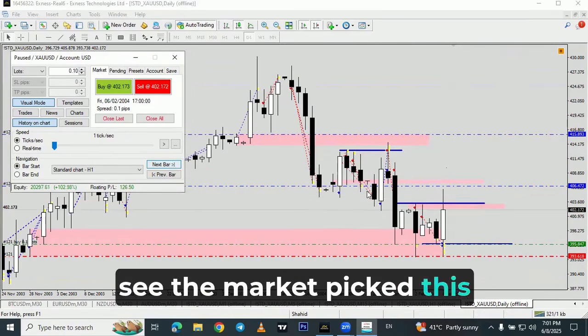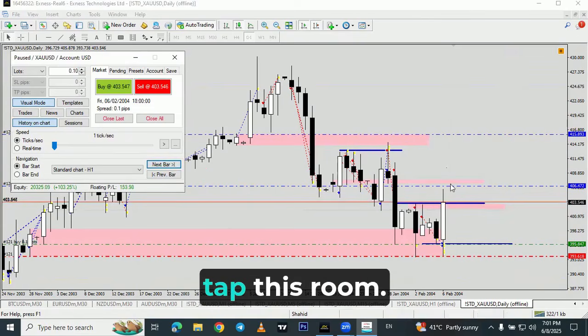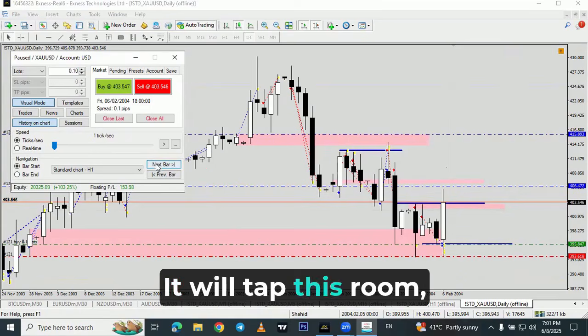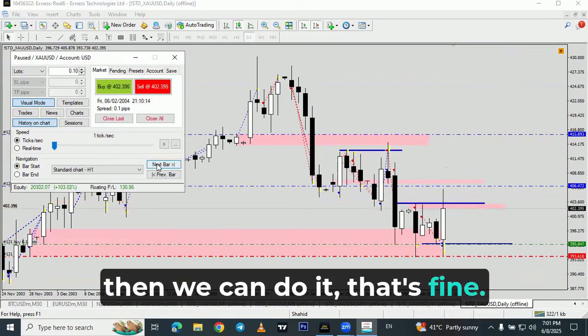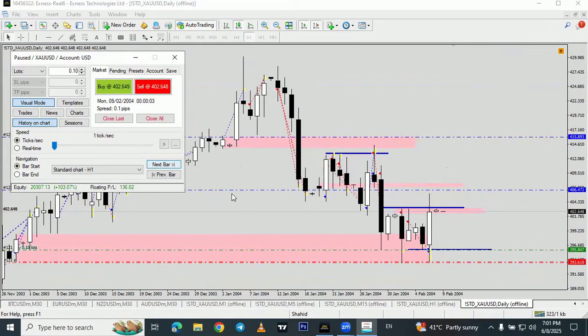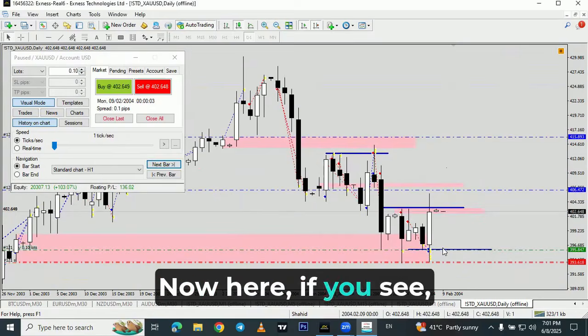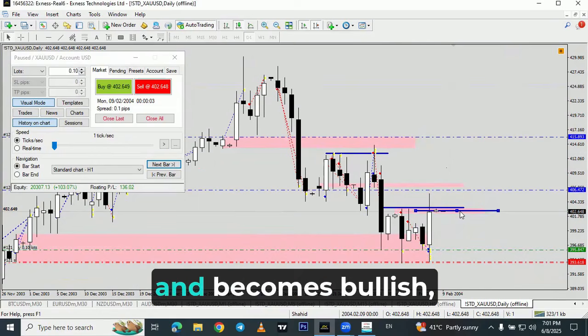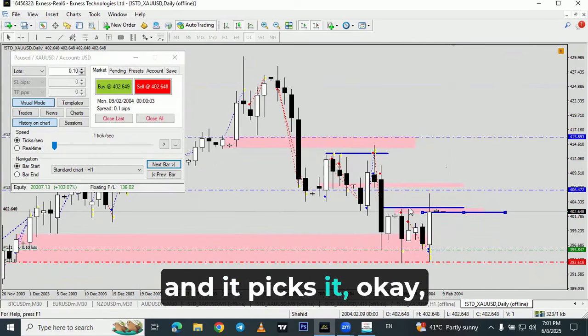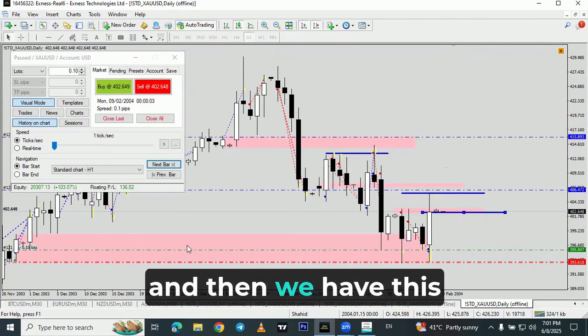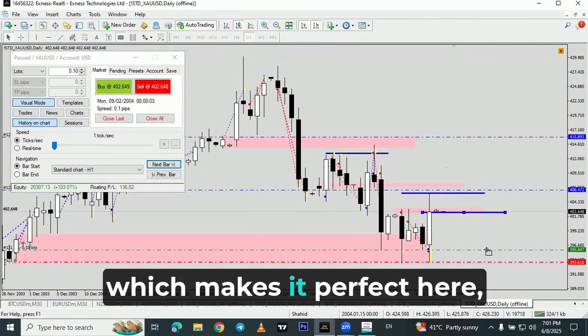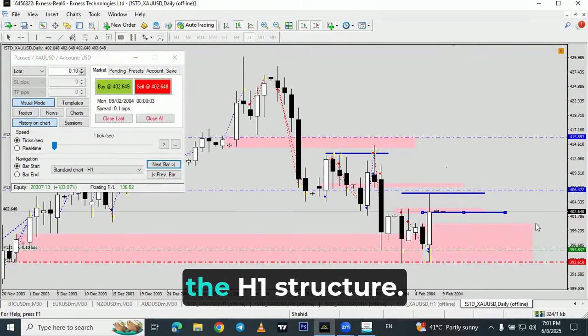See, the market picked this liquidity but didn't tap this zone. It will tap this zone, then we can do it. That's fine. Now here, if you see the market picks the low and becomes bullish and it picks it, okay, these two things happened. And then we have this engulfing pattern, which makes it perfect here. So here we also see the H1 structure.